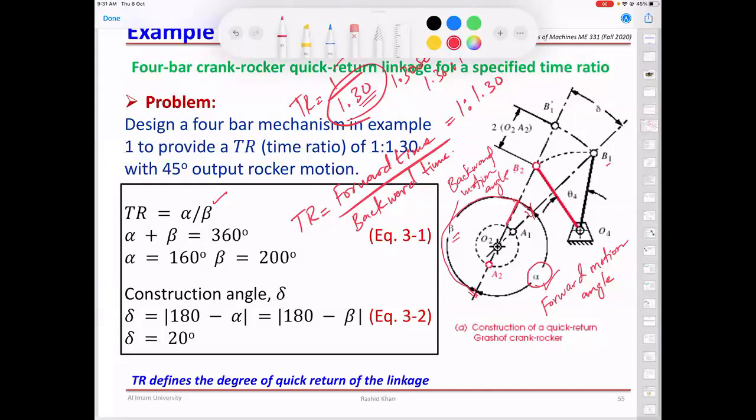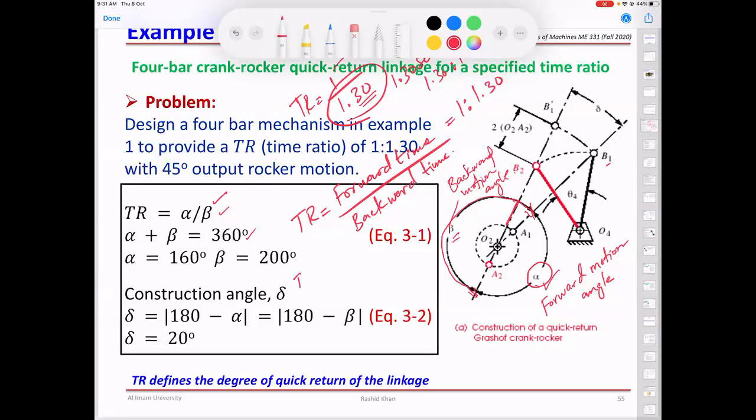And you can observe from the figure that alpha is less than beta, right? So for forward motion, the time consumed is lesser compared to the backward motion. So alpha and beta we define, and if you add alpha plus beta, it becomes the complete cycle, which is 360 degrees, okay?